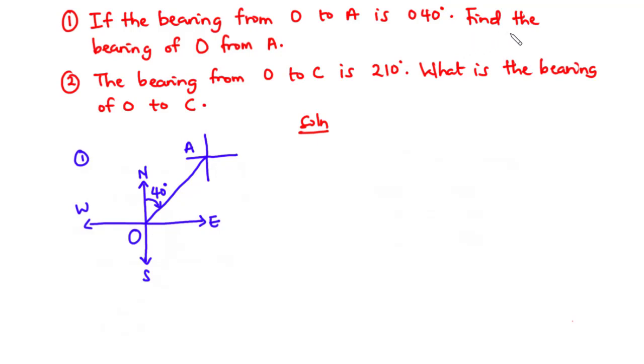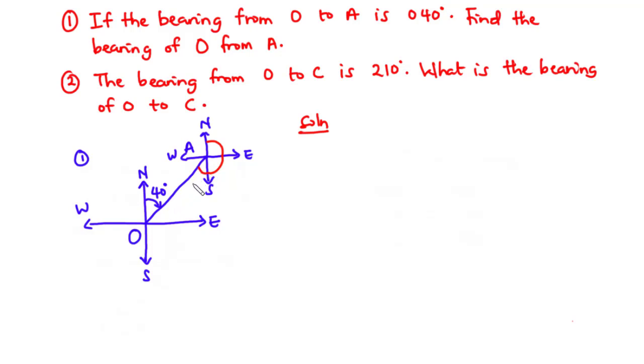Now we are going to find the bearing of O from A. So this time A becomes the reference point. Now let's label the cardinal points. We have the north, the east, the south, and then the west. So to find the bearing of O from A, we are going to take the direction from the geographical north at point A in the clockwise direction to hit the line connecting OA. So from the north in the clockwise direction, this is 90 degrees plus another 90 degrees plus this angle.